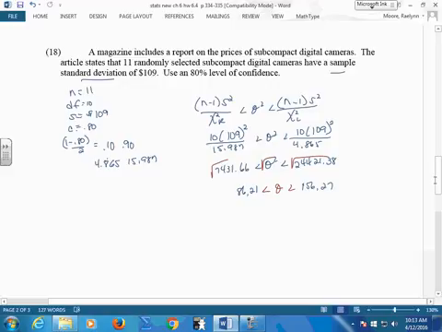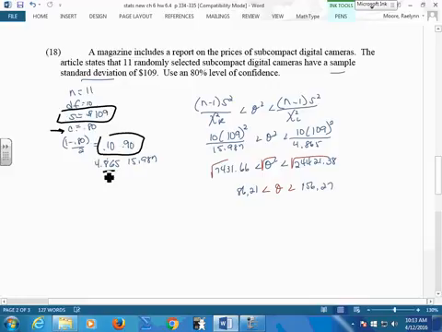Okay. Now they just put the squares. A magazine, blah, blah, blah. They selected 10 randomly selected compact digital cameras. Your N is 11, your degrees of freedom is 10. They have a sample standard deviation, there's the S, and they have an 80% confidence interval. So subtract from 100 divided by 2. Look up these numbers. This is your X2R. This is your X2L. How did I know which is which? The bigger numbers are.